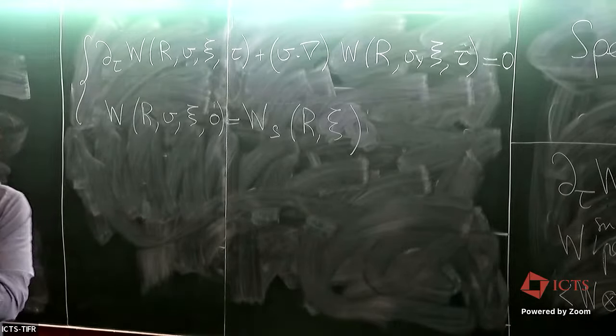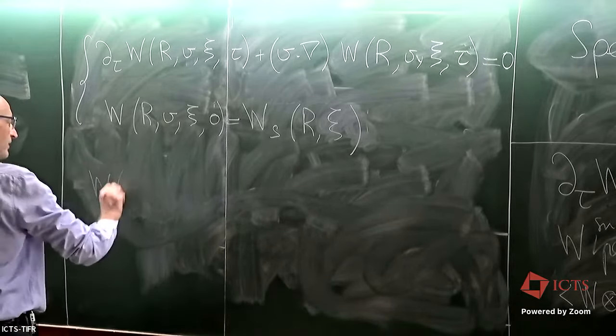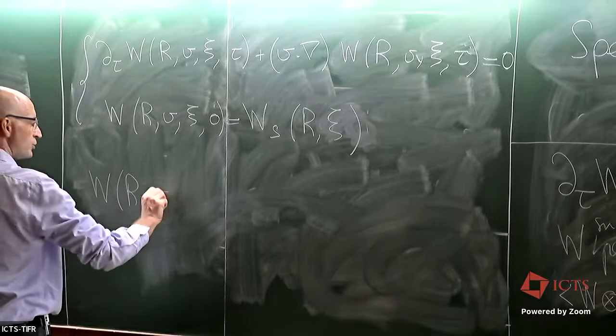So if I go back to my ansatz, my function W will look in Fourier expansion like this.